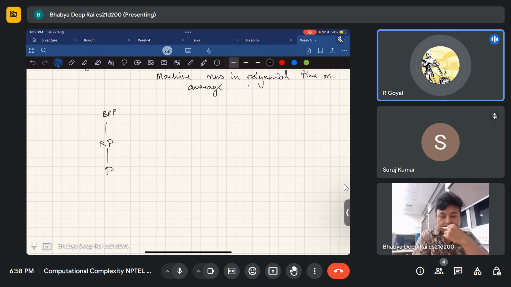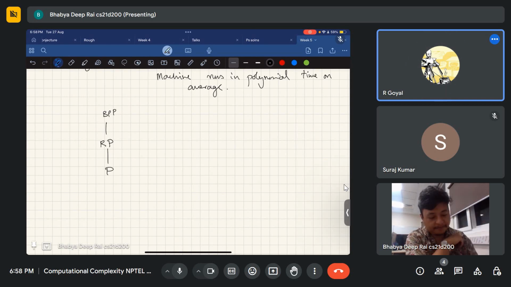And in the BPP, these limits are 2/3 and 1/3. But then this can be brought down to the level of half, I think, and in both the sides. So therefore, RP in this case will be the subset of the BPP. Yes, it would be. Right.